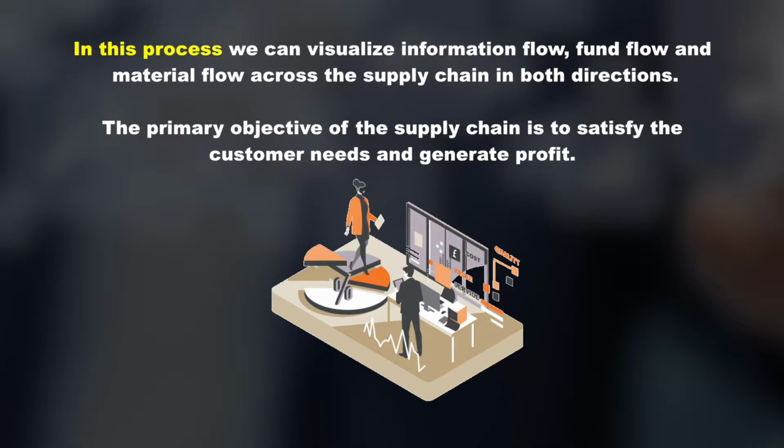In this process, we can visualize information flow, fund flow, and material flow across the supply chain in both directions. The primary objective of the supply chain is to satisfy the customer needs and generate profit.